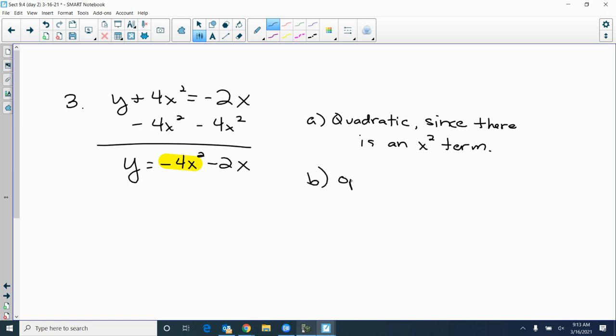So it opens down since x squared is negative. I need to pay closer attention to what I'm doing. That's all right. We just assume you guys did it wrong. I did, that was terrible. You should give me that bonus point.